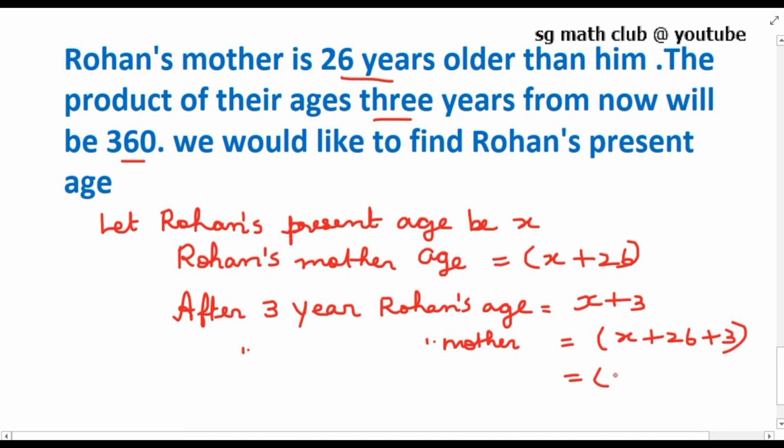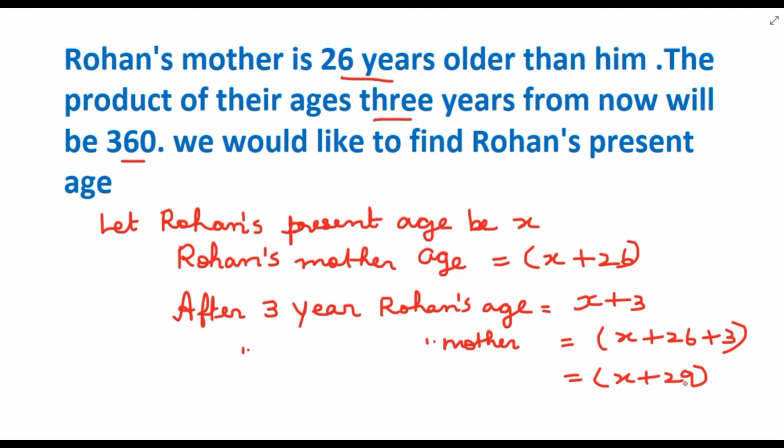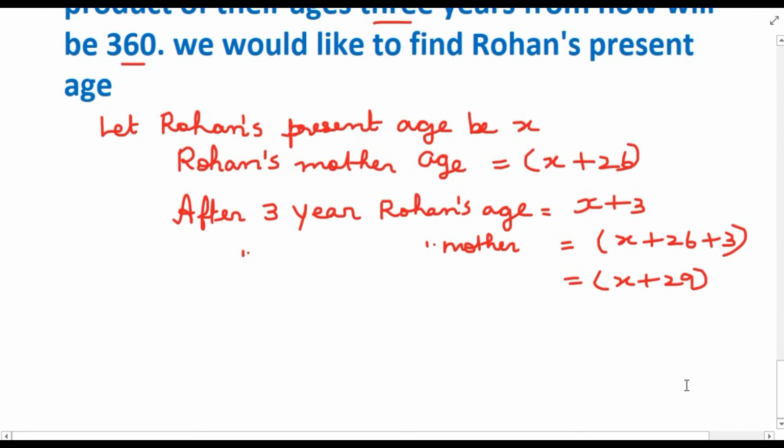So the mother's age also increases: x plus 29. Now the condition they have given is that the product of their ages is 360. So x plus 3 into x plus 29 equal to 360.